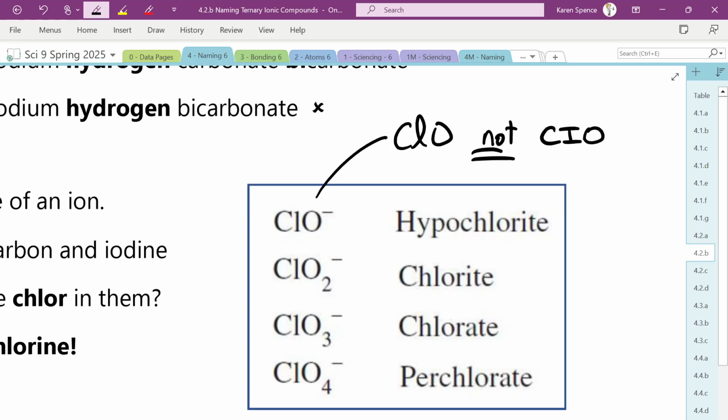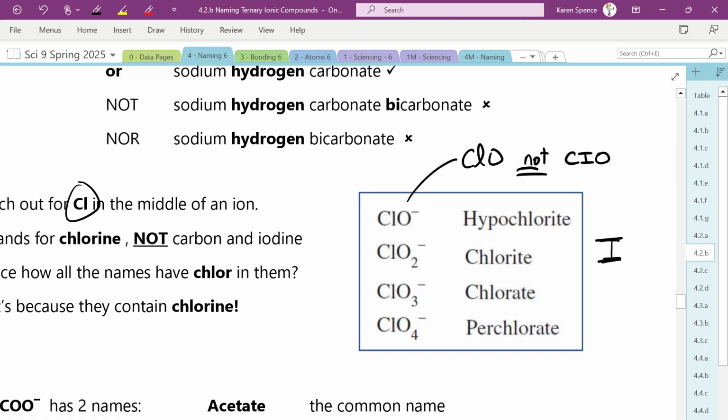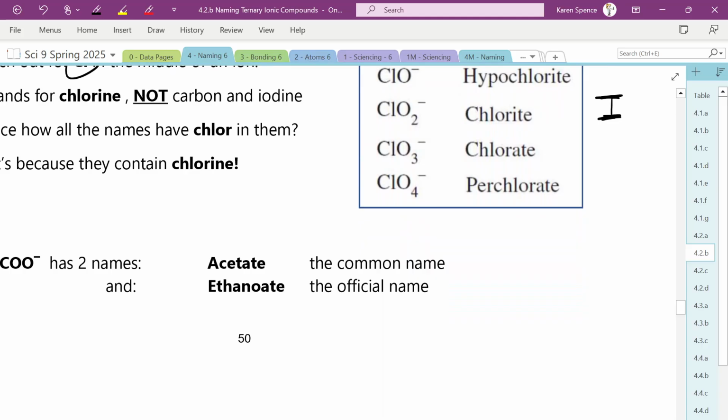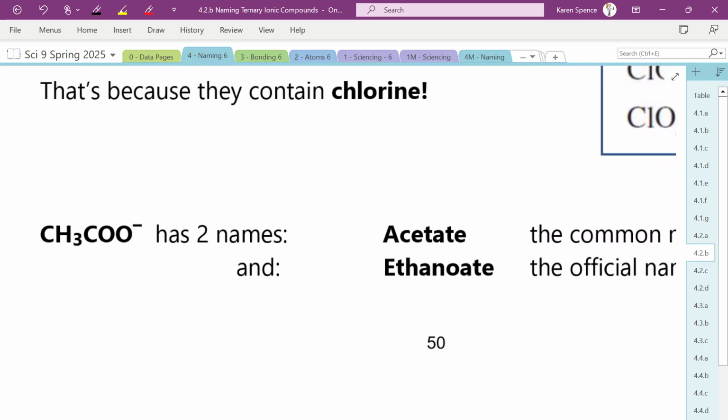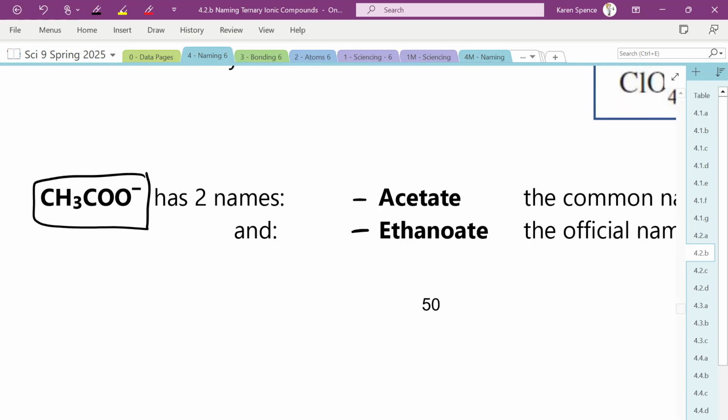I promise you, anytime I write an I, it's going to have the bar on the top and the bar on the bottom. Okay? So these are all like hypochlorite, chlorite, chlorate, perchlorate. Two more that are a little bit weird. CH3COO minus has two names. It can either be acetate or it can be ethanoate. Again, pick one. Don't write both. Just choose one. Okay?